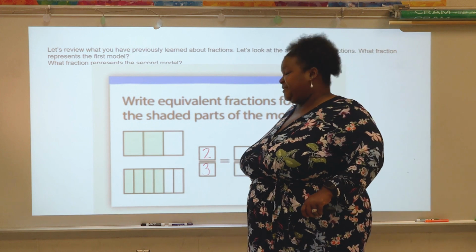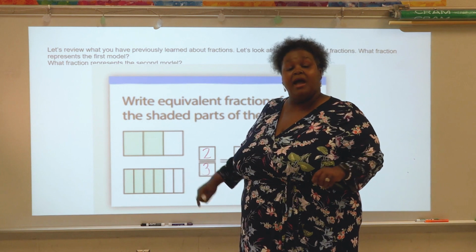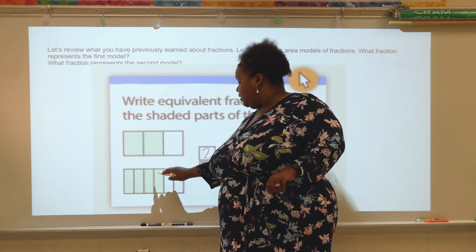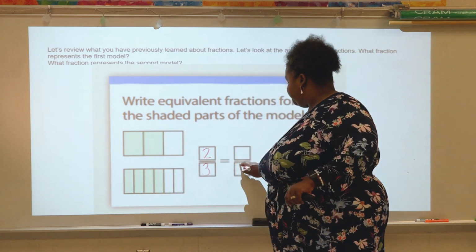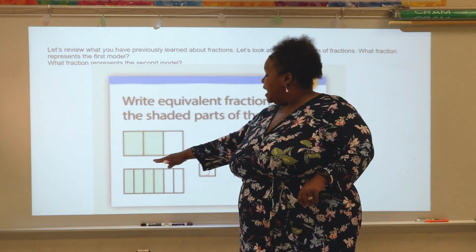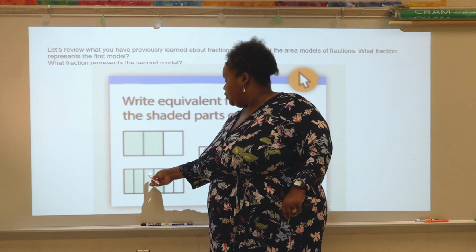Let's go to the second one. To find my denominator, which is my down number, I'm going to count how many equal parts. 1, 2, 3, 4, 5, 6. That lets me know my denominator is 6. My numerator is going to be the ones shaded. 1, 2, 3, 4.